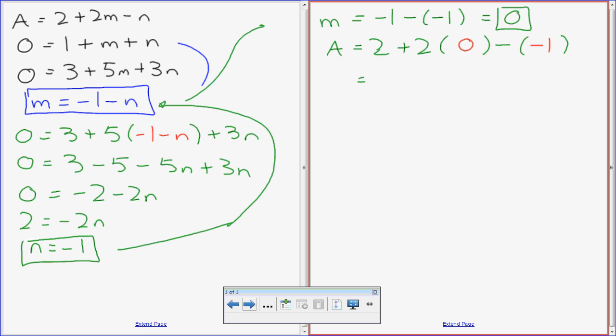So this equals 2 plus 0 plus 1, A equals 3. Okay, what's my point going to be? Go ahead, Chris, it's your turn anyway. So 0, 3, 0. 0, 3, 0.